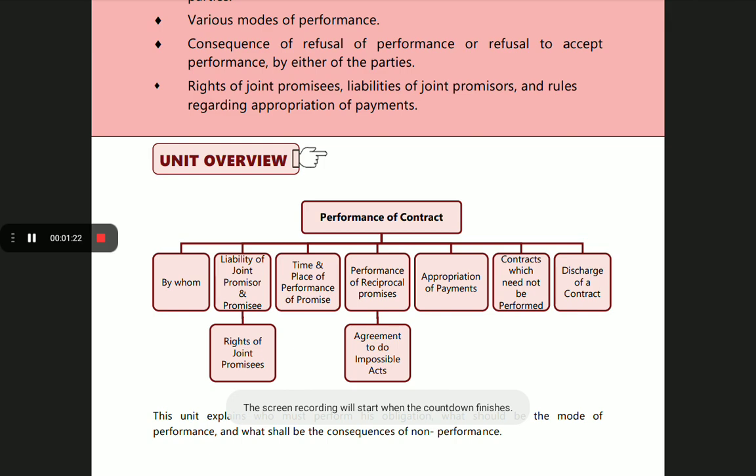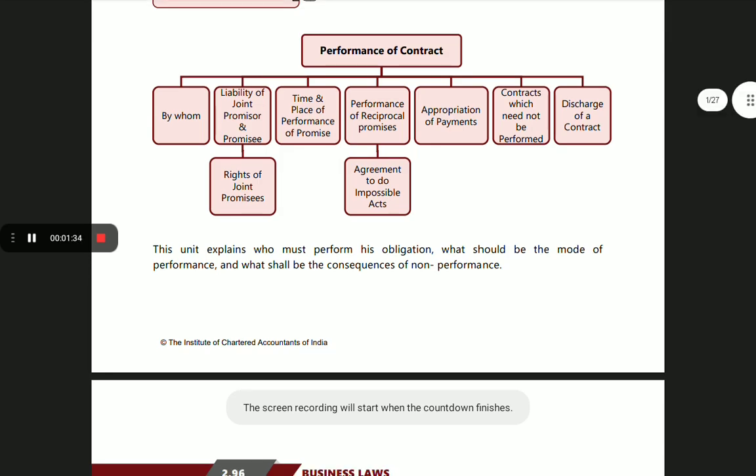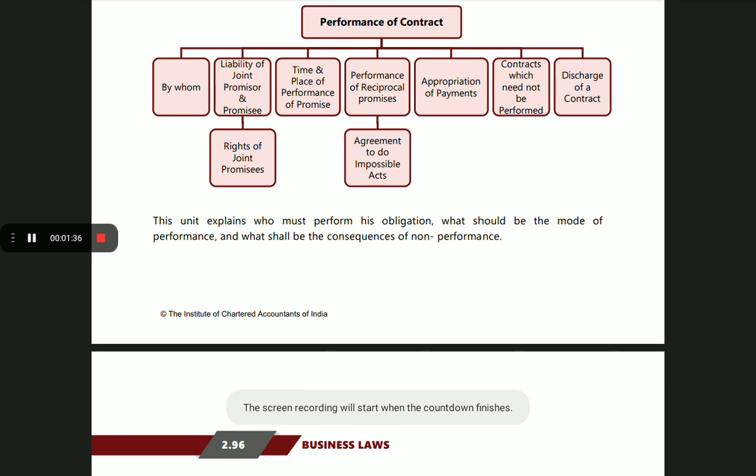Appropriation of payments. Contracts which need not be performed. Discharge of a contract. The unit explains who must perform his obligation, what should be the mode of performance, and what should be the consequences of non-performance.